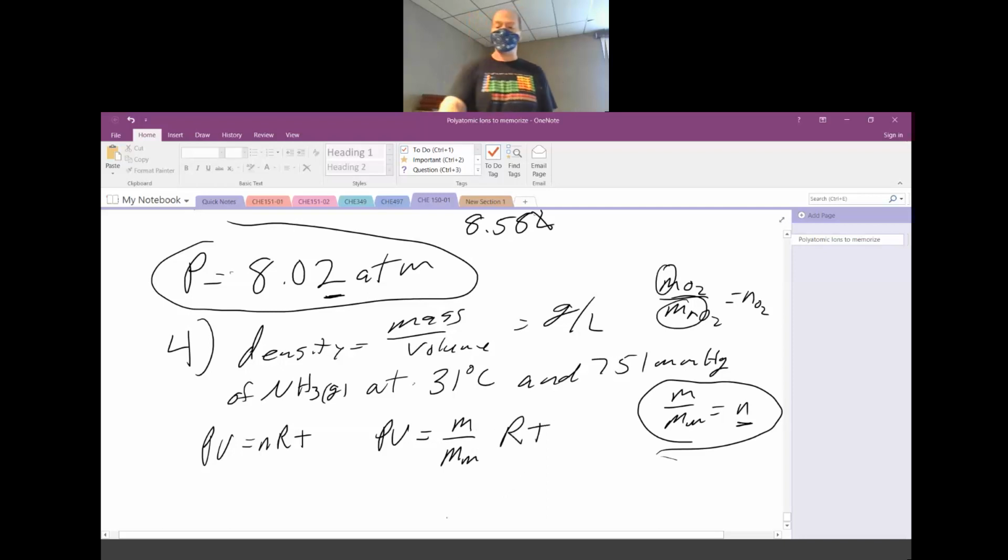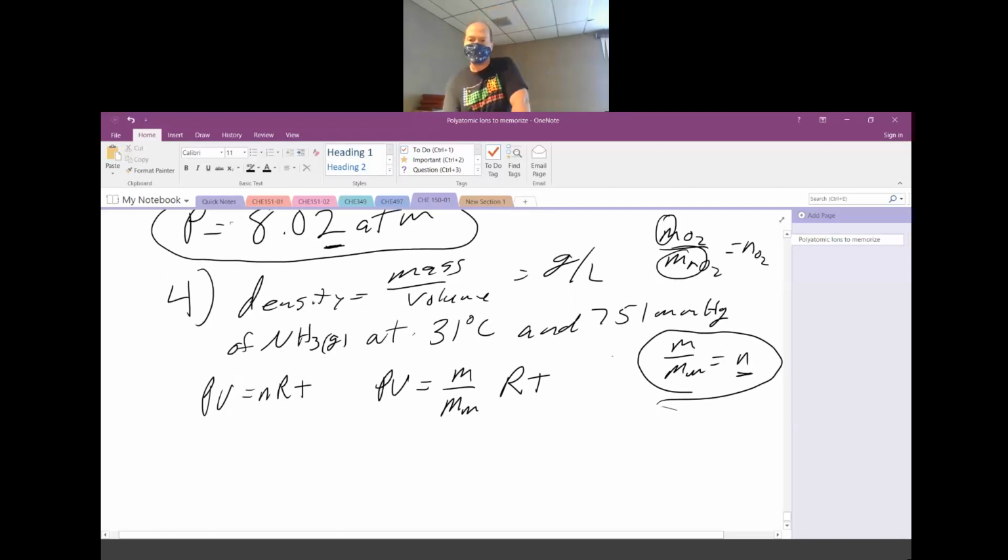And so now I have to solve. So once you have this down, you can solve for molar mass, you can solve for the density, lots of different things that you can solve for once you know that mass divided by molar mass is how you get moles. All right, so I know that density is mass over volume. So I have to get mass, and then I have to divide by volume. In order to get that, I divide both sides by volume. Pressure is equal to mass over volume, and then I have RT over the molar mass.